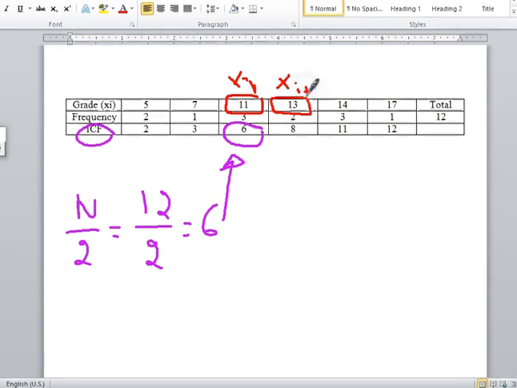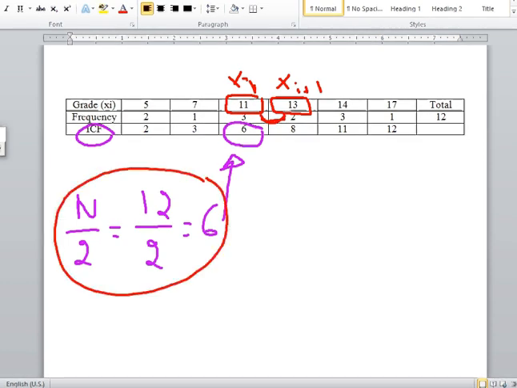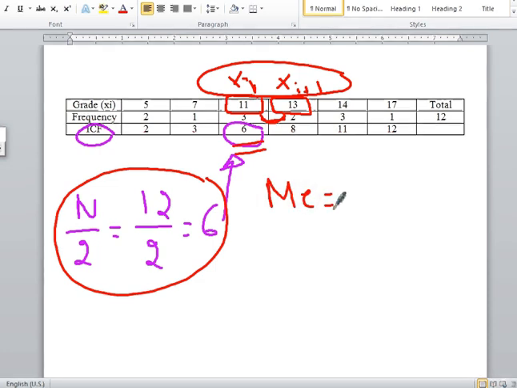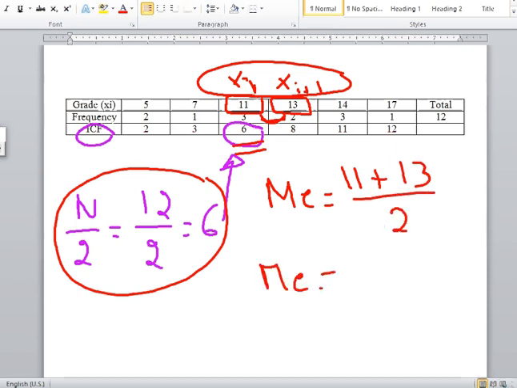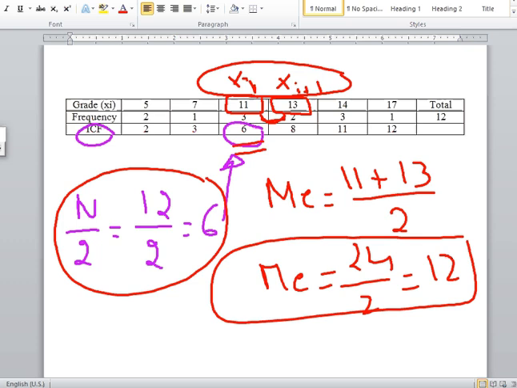Now you find the average of these two. So in the case where n over 2 is equal to one of the increasing cumulative frequencies, you find the average of xi and xi plus 1, divided by 2. So the median here is equal to 11 plus 13 divided by 2. So the median is equal to 24 divided by 2, which is 12. So in this case, my median is equal to 12.